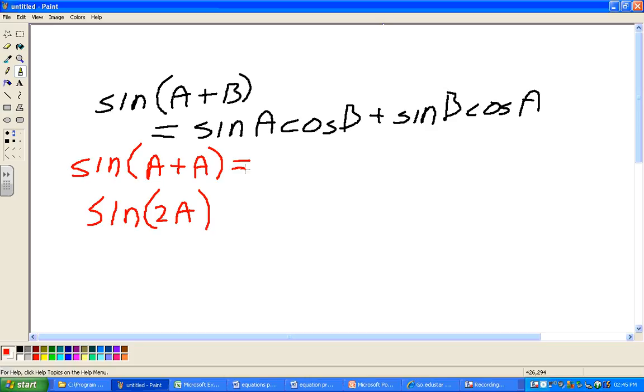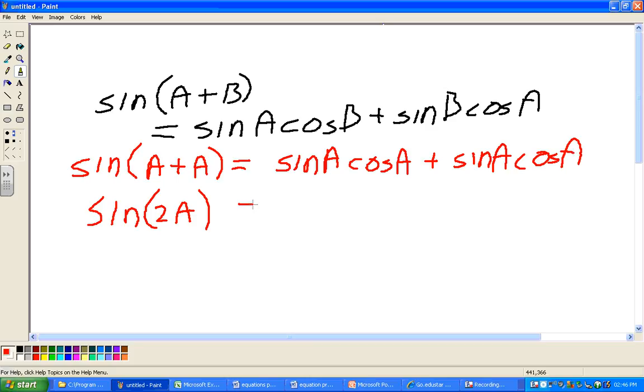And when I work that one out, this is sine first, cosine second, they're the same letter, add sine second, cosine first, so they're the same letters.